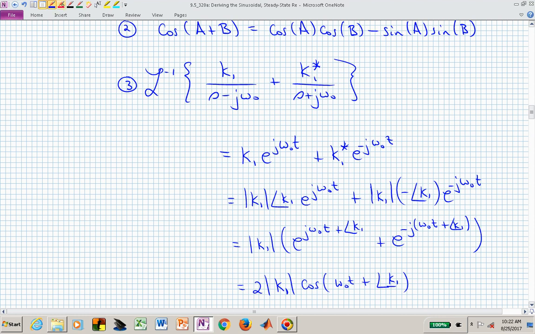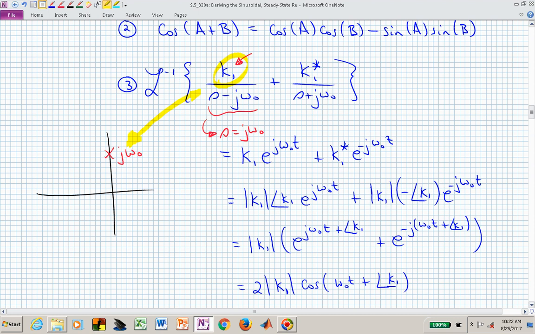And remember, this is key: K1 here, without the conjugate, is associated with this pole factor, and the value of S that causes this to vanish is when S is equal to j omega naught, so we are right here in the upper half of the complex plane. That's the pole associated with K1. We need to make sure that this is what we're talking about when we speak of K1.